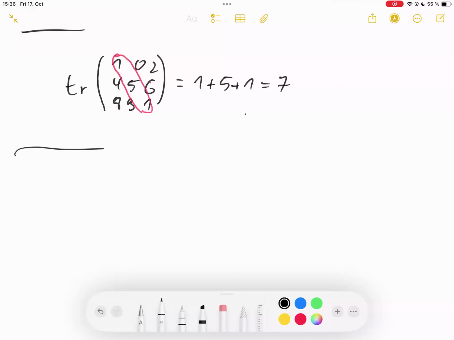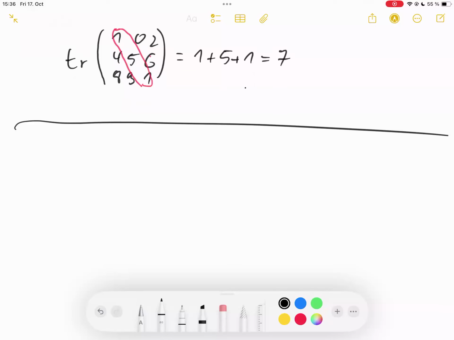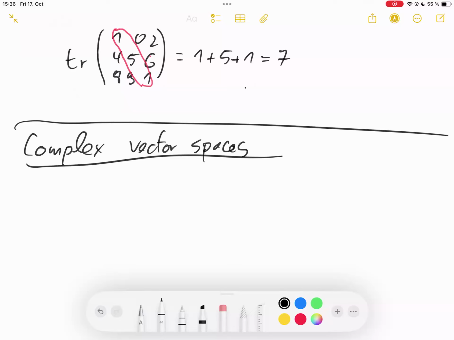Now we will plug in concrete complex numbers. Imagine we have complex vector spaces, or simply complex linear algebra.